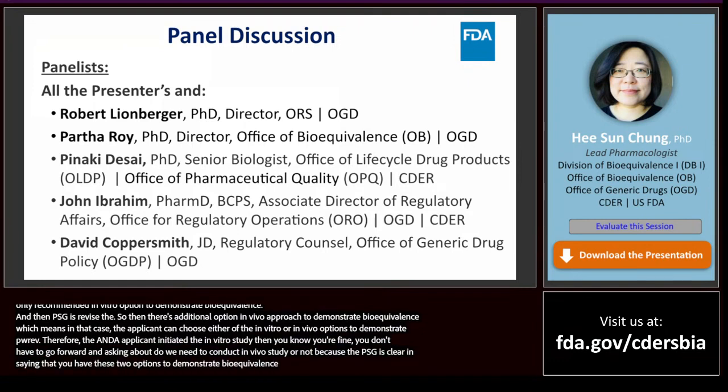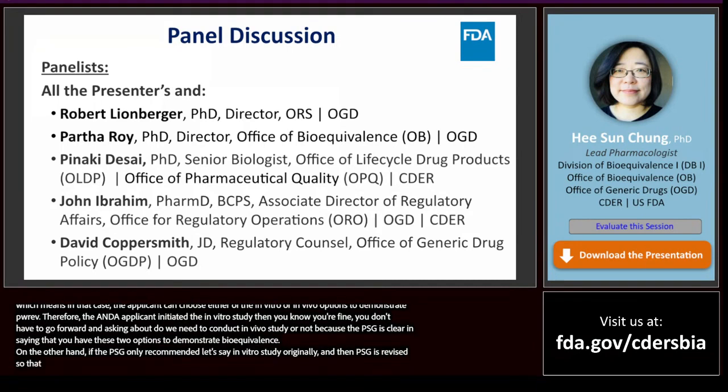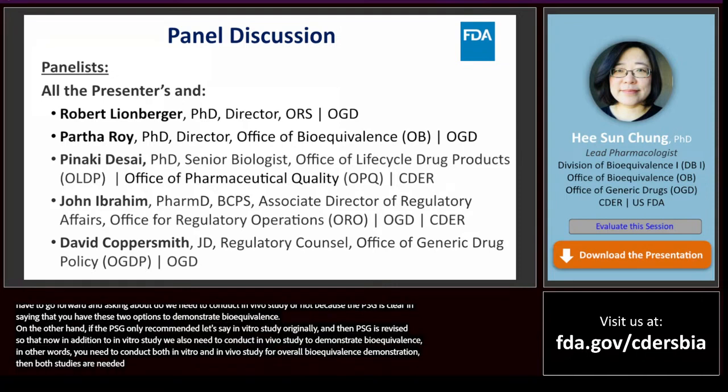On the other hand, if the PSG only recommended, let's say, an in vitro study originally, and then the PSG is revised so that now, in addition to the in vitro study, you also need to conduct an in vivo study to demonstrate bioequivalence. In other words, you need to conduct both in vitro and in vivo studies for overall bioequivalence demonstration. Then both studies are needed for the ANDA.